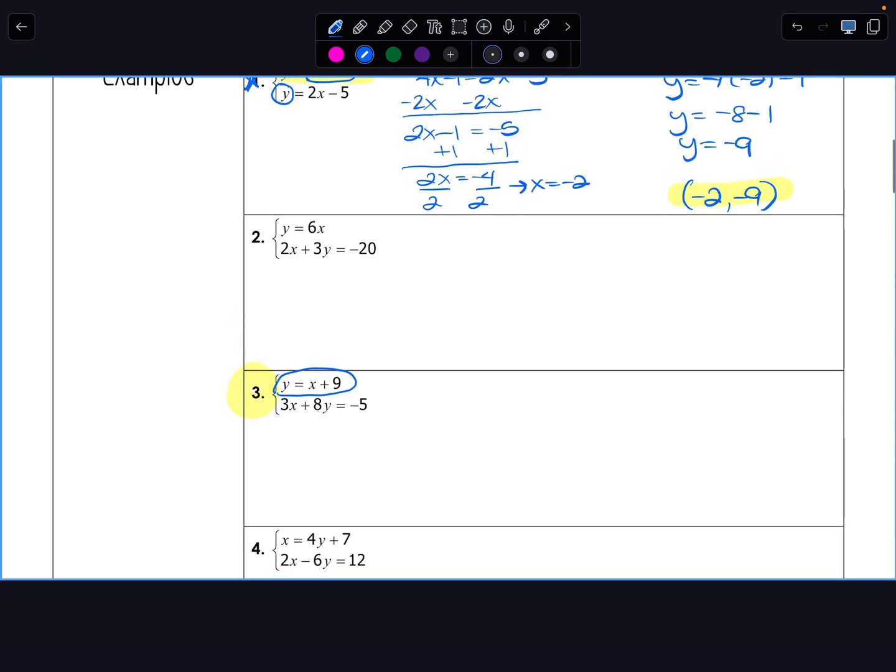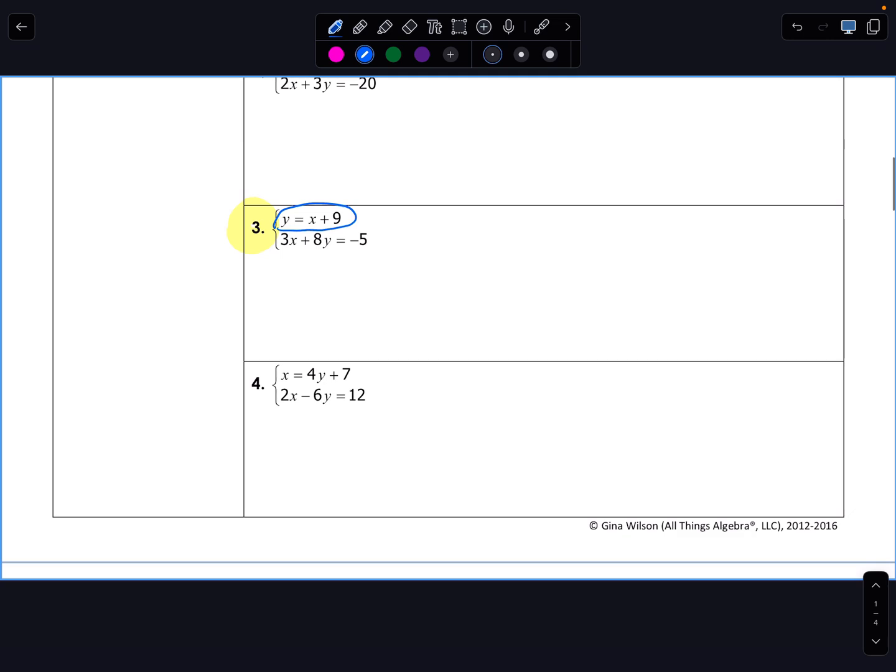It froze. Oh, there it is. Okay. So I have my 3x plus 8, and I'm plugging in x plus 9 in. And that's equal to negative 5.